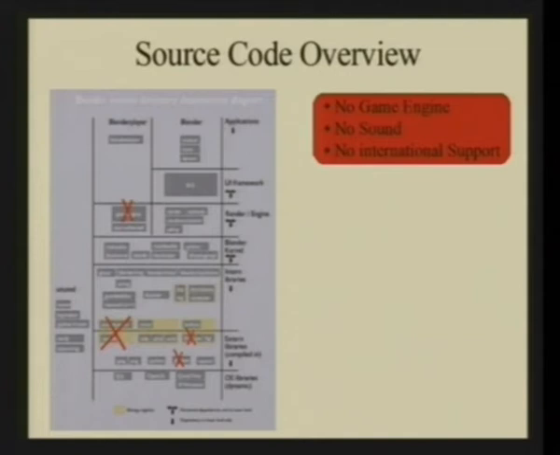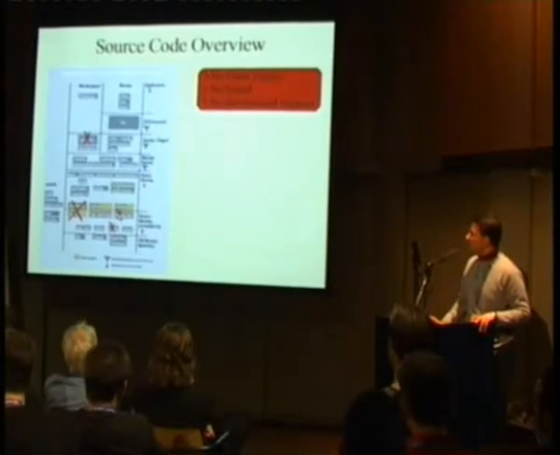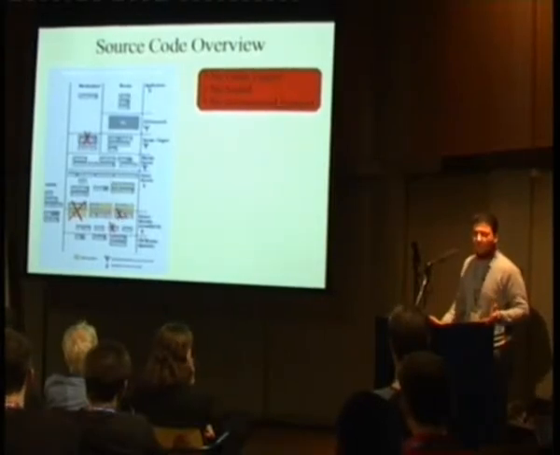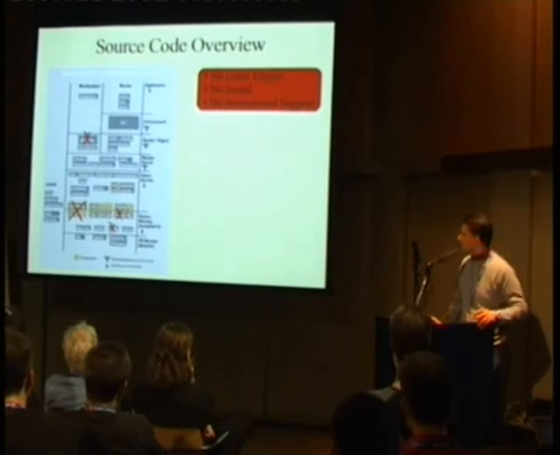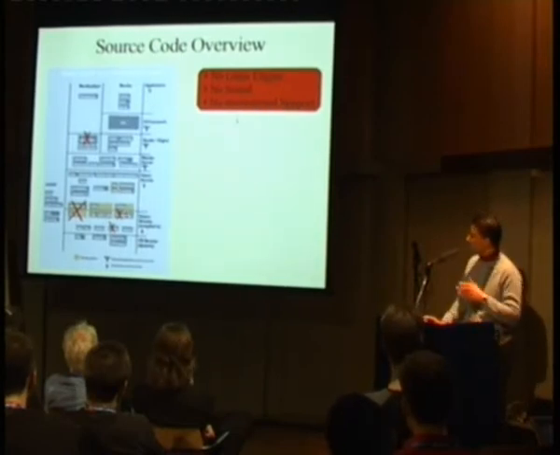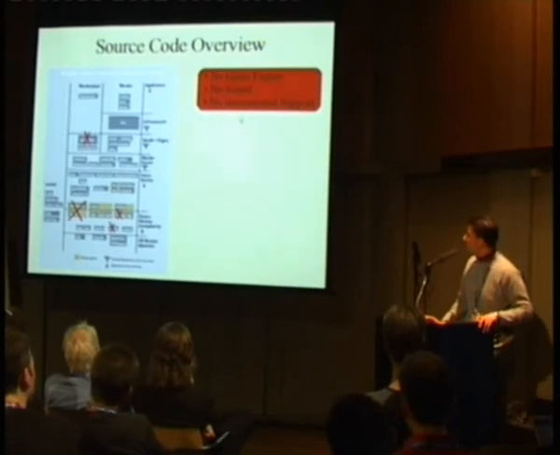But to begin with, I only excluded the game engine and the sound library. And I also decided to not support internationalization. Now, I think it will not be so difficult to add it, but at that time, I took this decision.